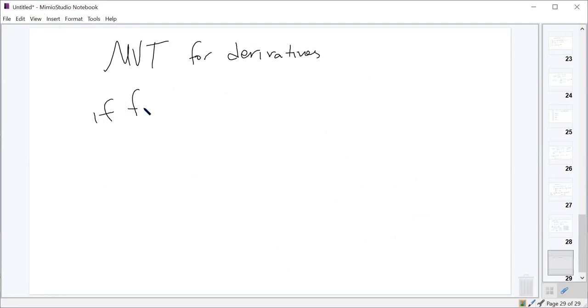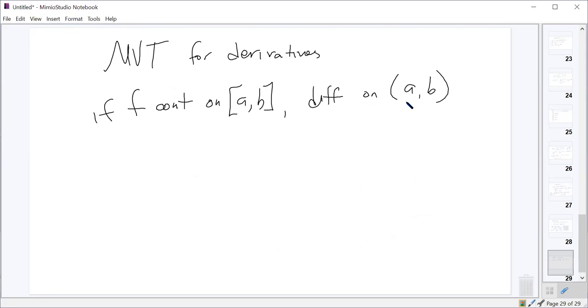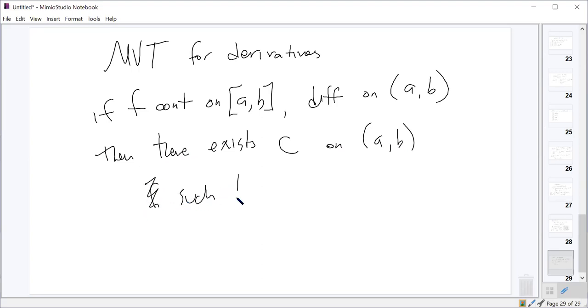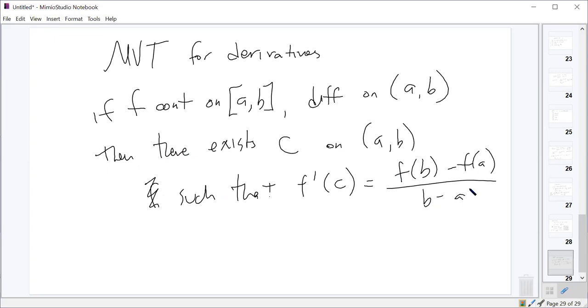It says that if f is continuous on A to B and it is differentiable on A to B, then there exists a C on the interval A to B such that f prime of C equals f of B minus f of A over B minus A.